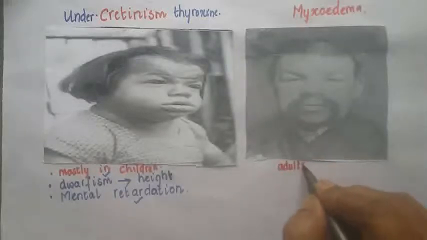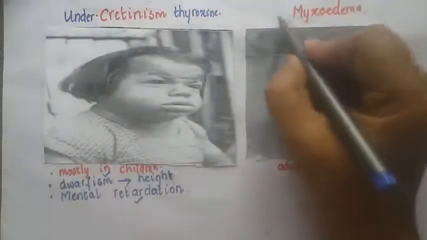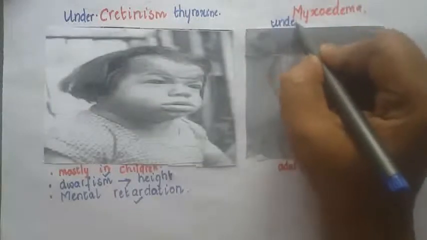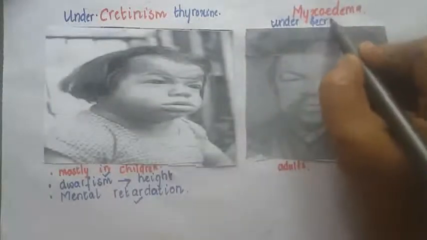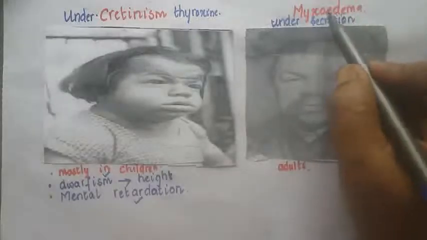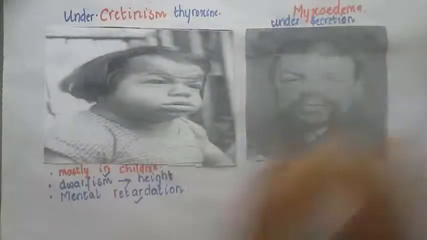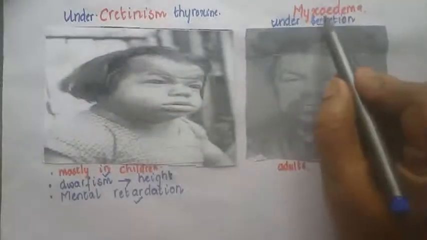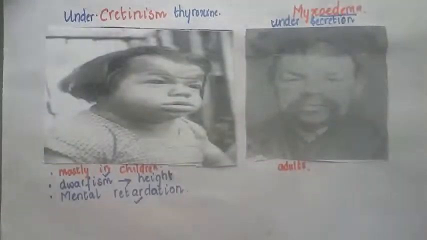It is due to under secretion of thyroxine, due to hypothyroidism. Adults suffer from a condition known as myxedema. Children, within the word you have a clue for one of the symptoms. If you remember the word oedema, oedema is nothing but swelling.